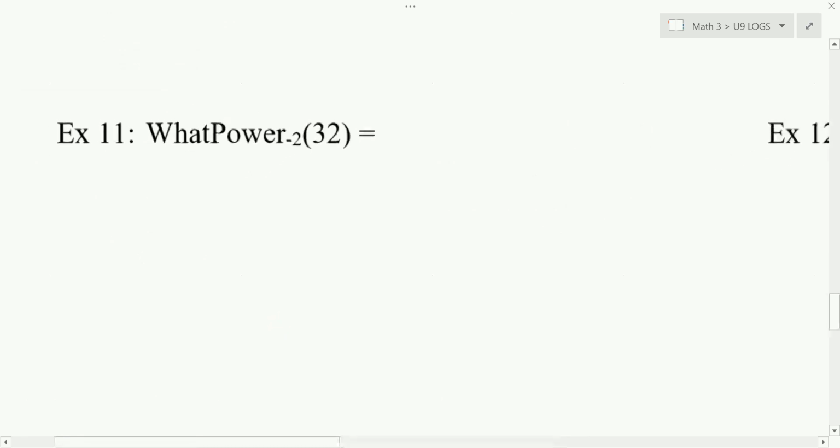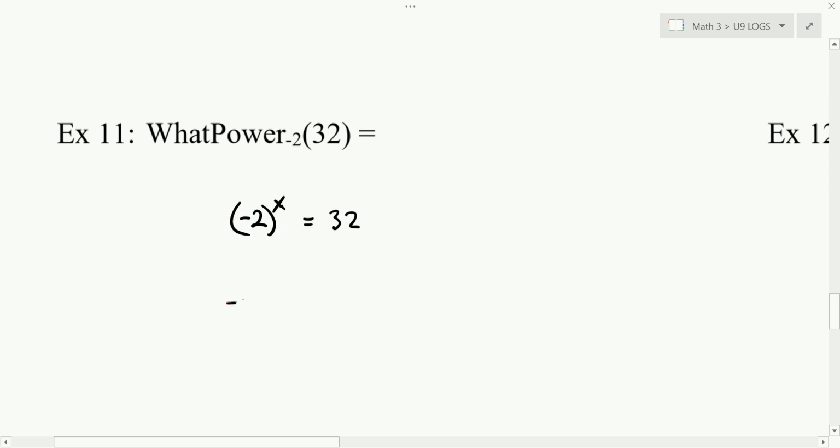Try 11. What power base -2 is 32? Or you could think what -2 to what power is equal to positive 32? -5?